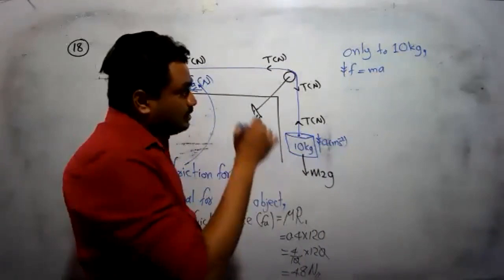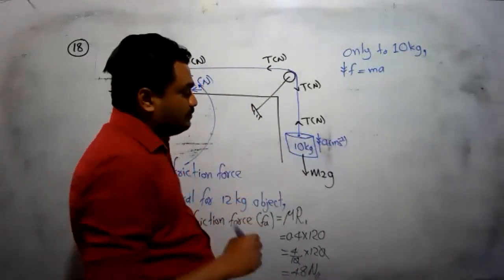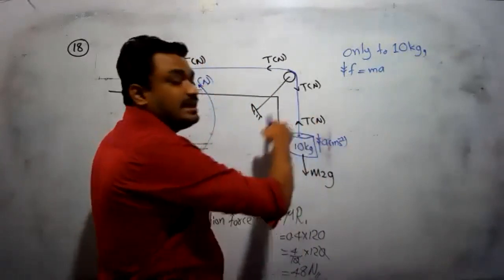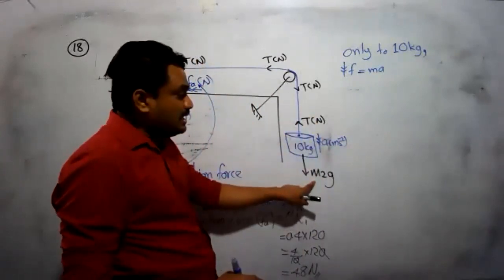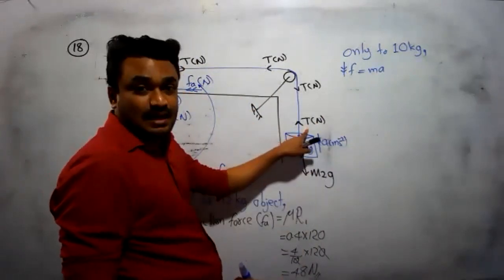There are two forces acting on the 10 kg object, M2G and capital T. The downward force is M2G, the upward force is capital T.